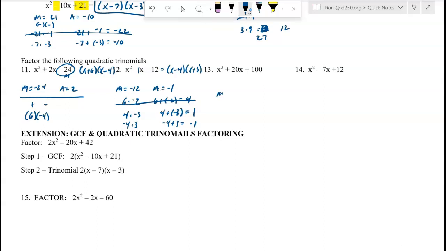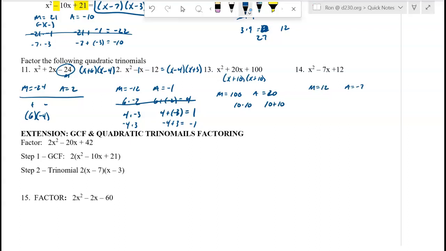The next one, what multiplies to give you 100 and adds to 20? In this case, 10 times 10, because 10 plus 10 is 20. So (x + 10)(x + 10). The last one, what multiplies to give me 12 and adds to negative 7?